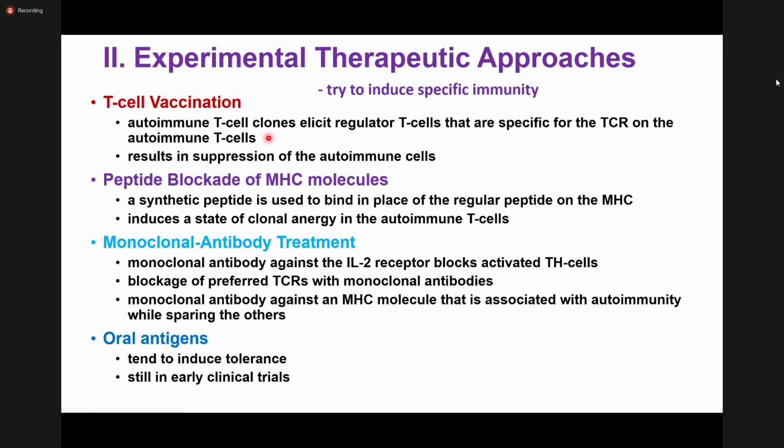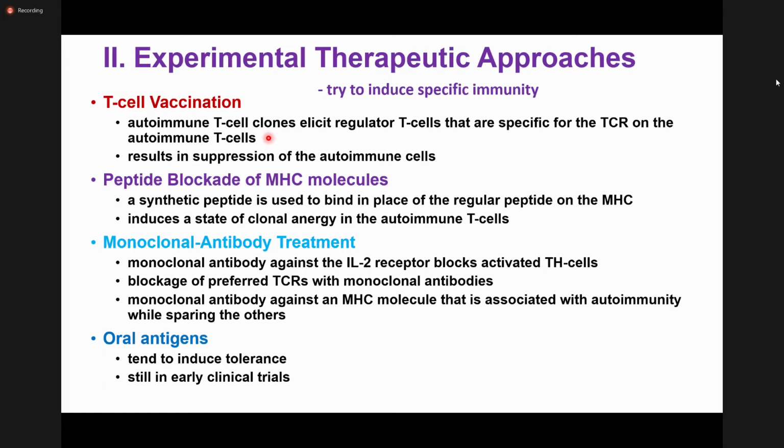The other one is peptide blockade of MHC molecules. The peptide binds to the regular peptide on MHC, which will induce clonal anergy. Clonal anergy, if you remember, is not a state of cell death, it's an unresponsive immune system, okay? Immune cells are unresponsive, with no functional response.